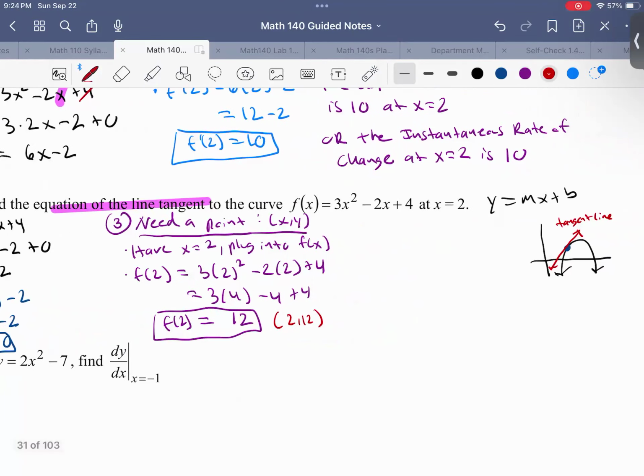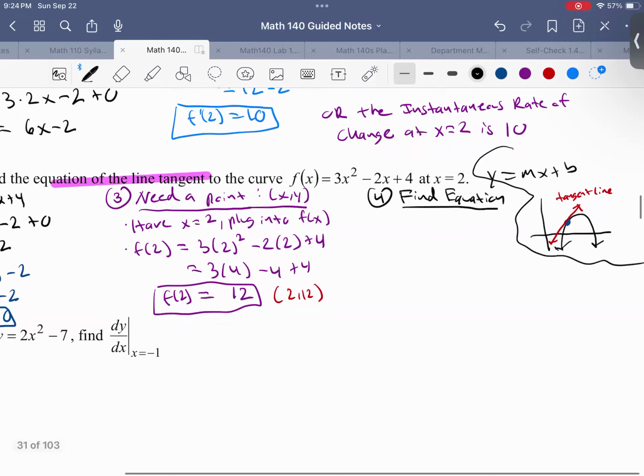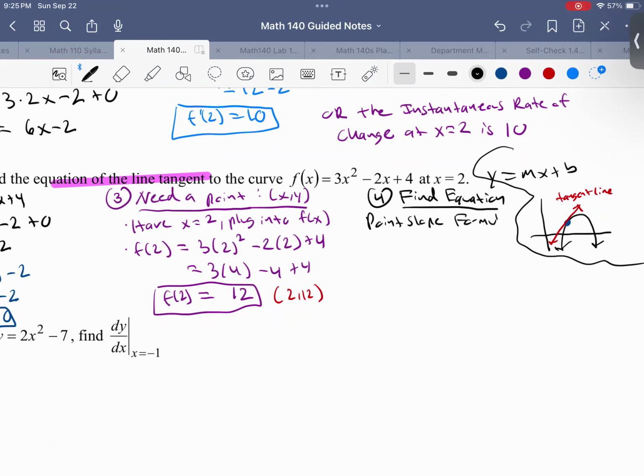So lastly, find equation. Okay, let me move this off to the side, but find equation. So we call it the point slope formula, which is y minus y1 equals m times x minus x1.